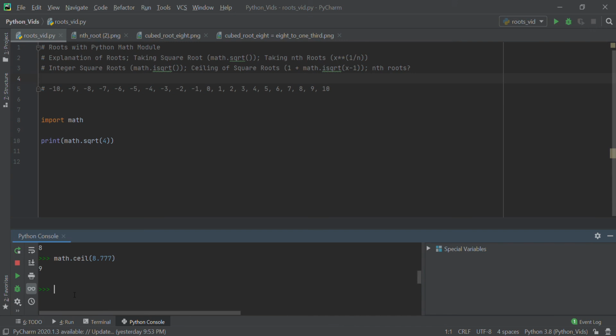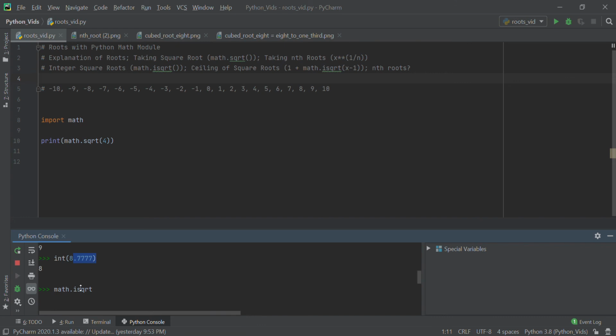And so you could also, by the way, just do int of 8.777, and that will convert it to the lower integer. It'll round it down to the nearest integer downwards. Or you can think of it as chopping off all the numbers after the decimal and just leaving you with this integer. So the math module comes with a function to find an integer square root, which is math.isqrt.